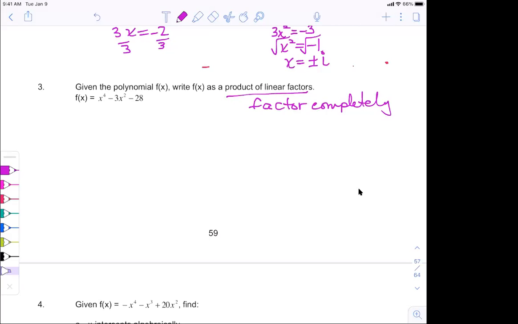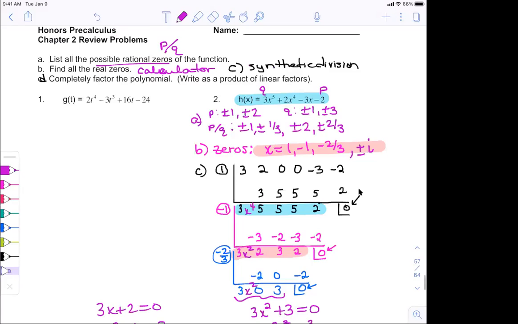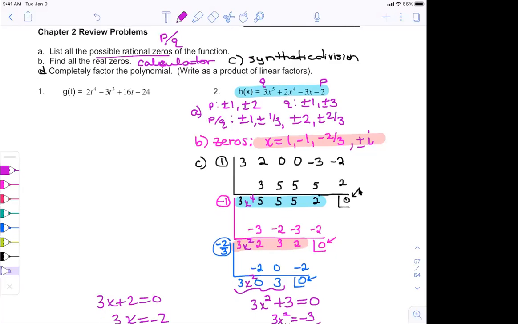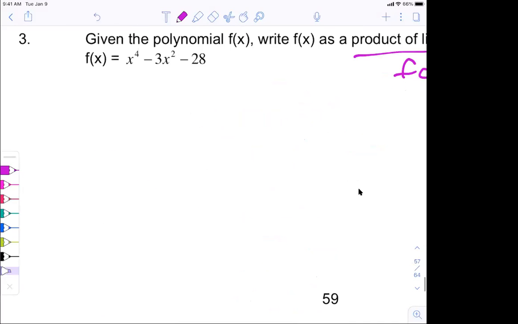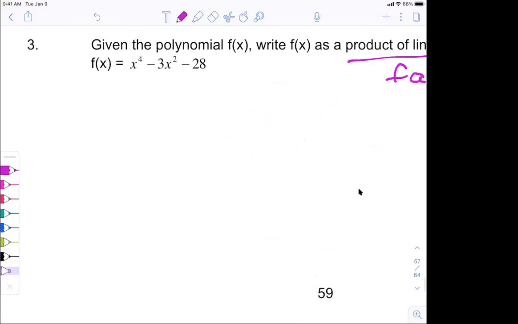If I compare number 3 to 1 and 2, number 1 has the x to the 4th, x cubed, the x, the 24. Number 2 has x to the 5th, the x to the 4th, the x, and the 2. They both have 4 terms. Number 3 has 3 terms. And when an equation has 3 terms, what method can we use to find zeros or factors?